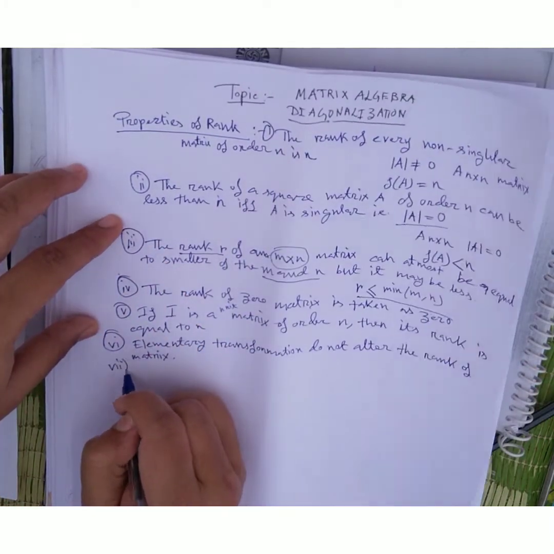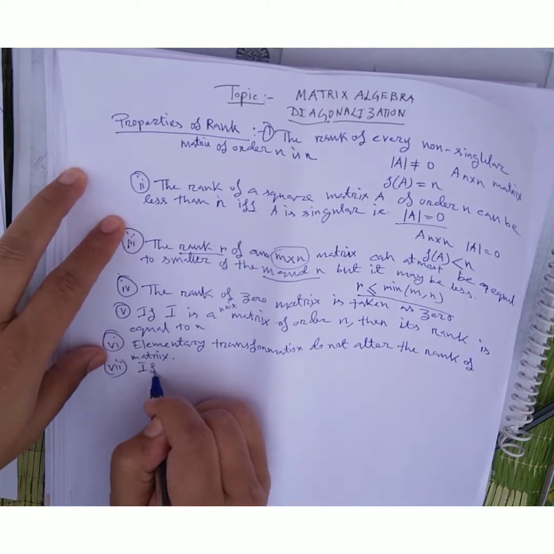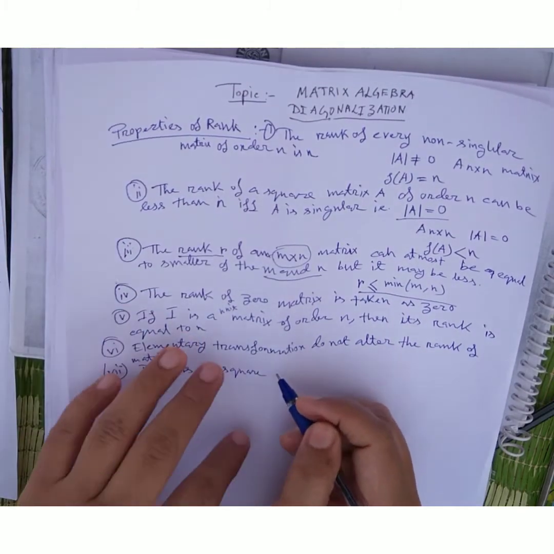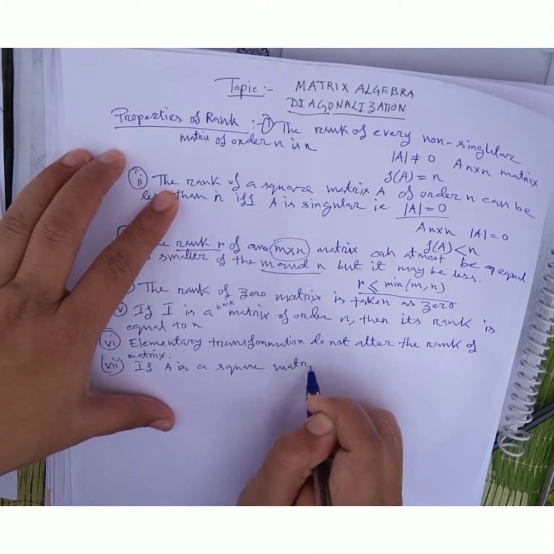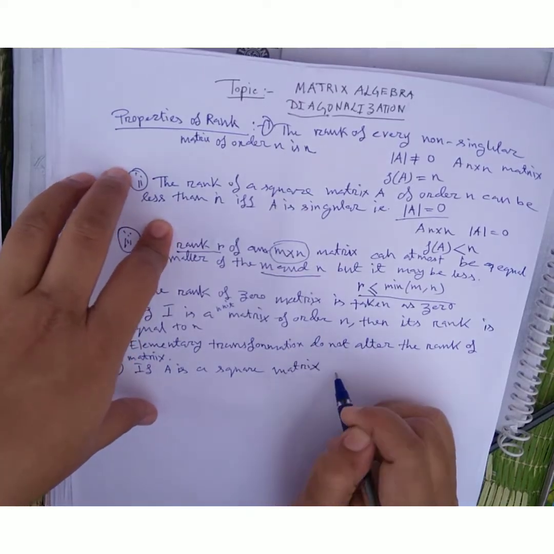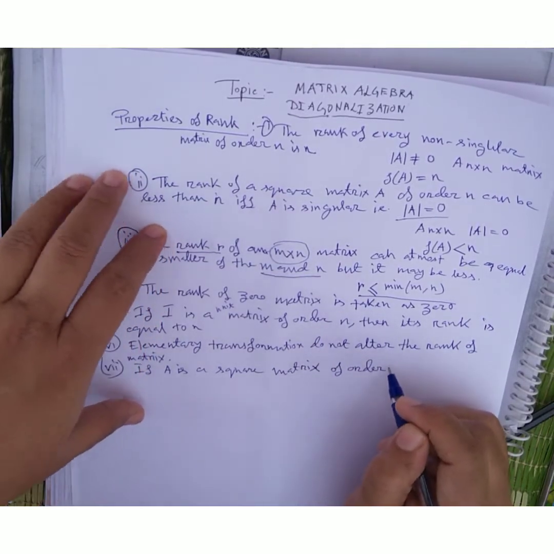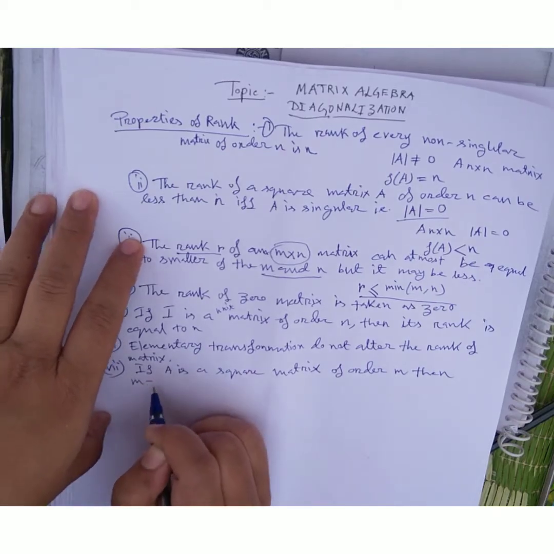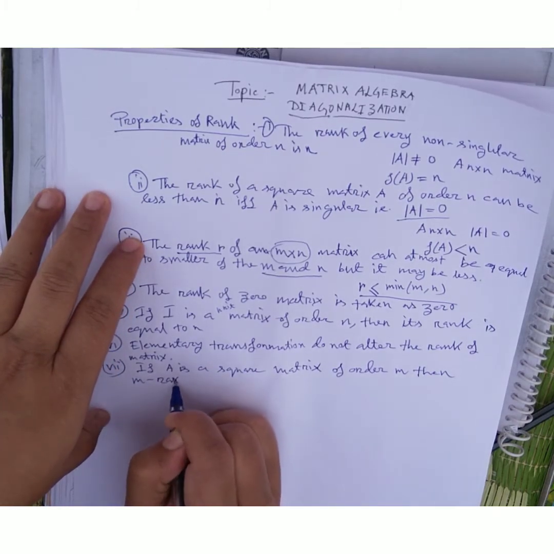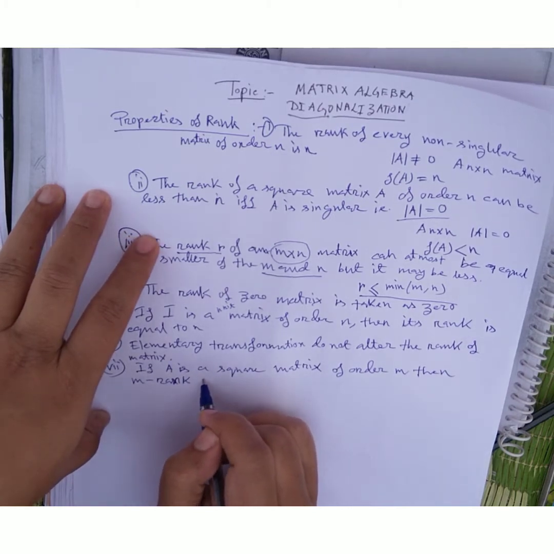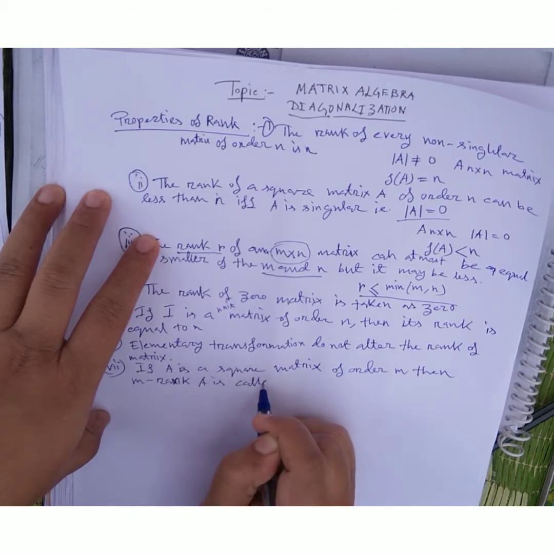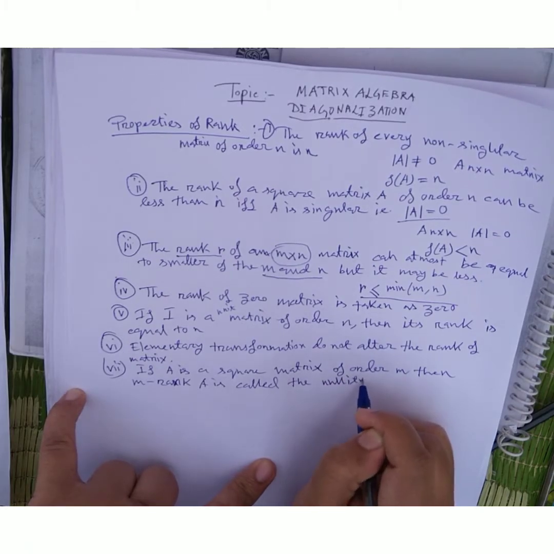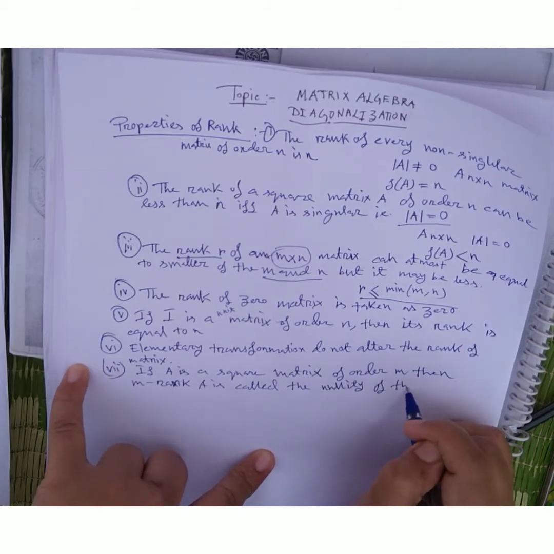Number 7: if A is a square matrix of order n, then n minus rank A is called the nullity of the matrix.